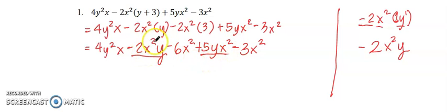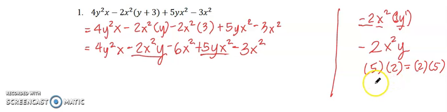Okay, as you can notice, the order of the variables is different, because here x squared comes first, and here y comes first. It doesn't matter because this is multiplication and we have the commutative property, right? Meaning 5 times 2 is still equal to 2 times 5. Same goes for variables. It's like saying x times y equals y times x.